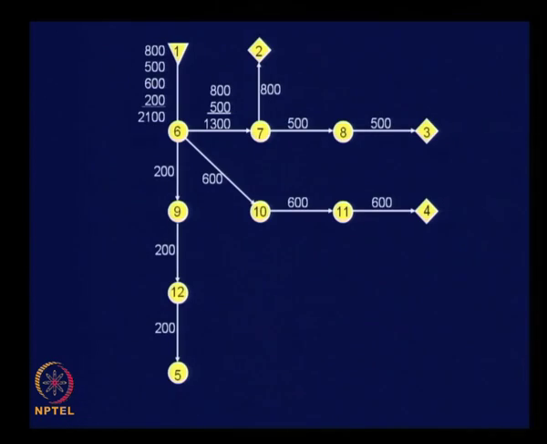So I have just shown the result to you. You may recall the volume of traffic to be assigned from 1 to 2 is how much? 800 PCU. PCU per day or per hour, what is a normal measure? Per day, are you sure? It is per hour.